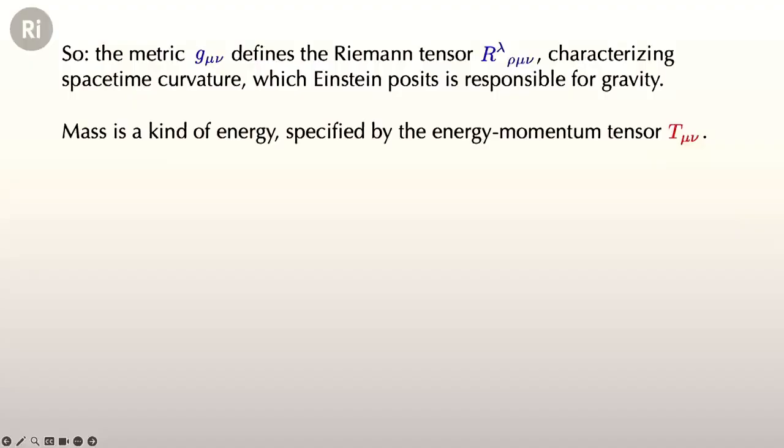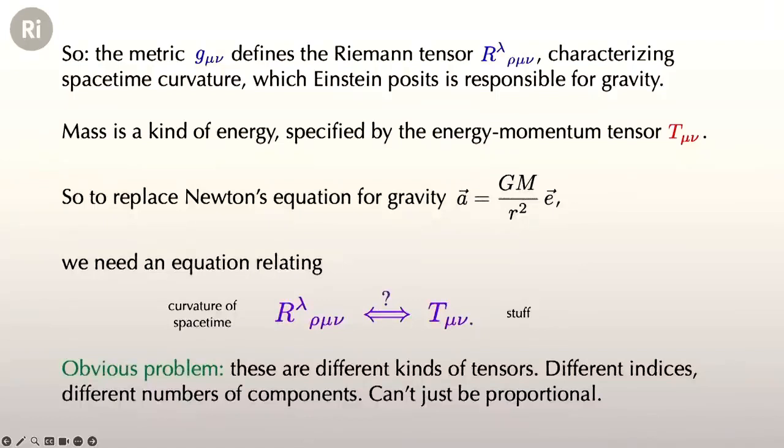The metric defines the Riemann tensor, which characterizes the curvature of space-time. Mass is a kind of energy, so we're beginning to see left-hand side and right-hand side come together. We want to replace Newton's equation, okay? There's an obvious guess that it's not going to last very long.